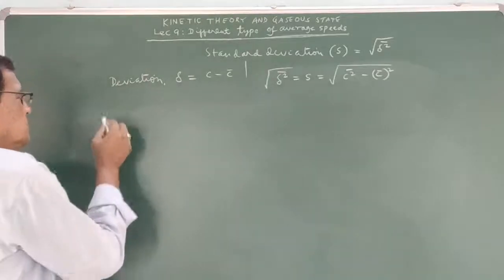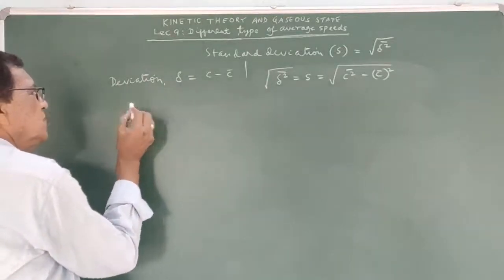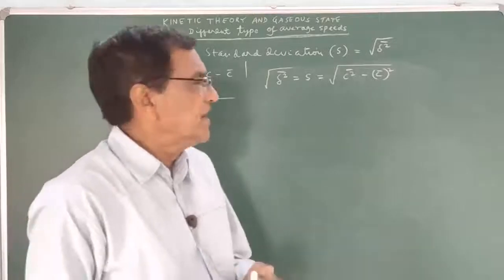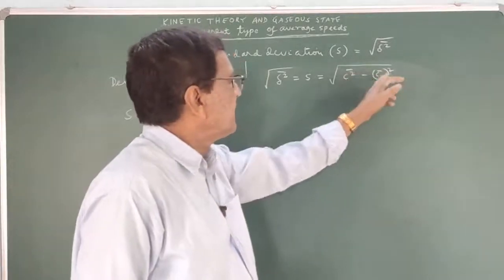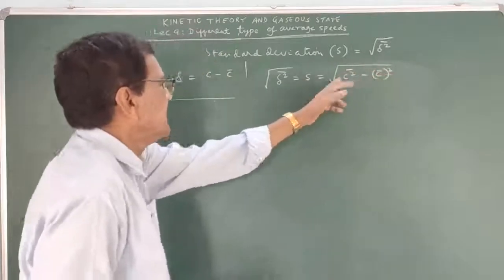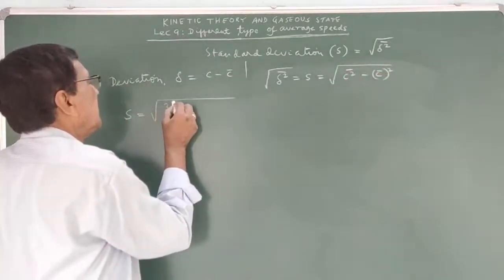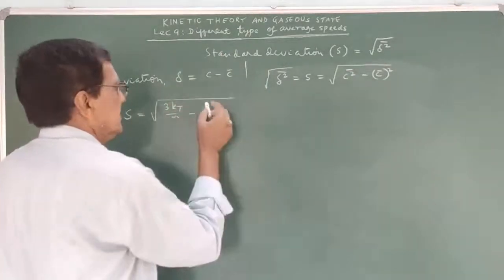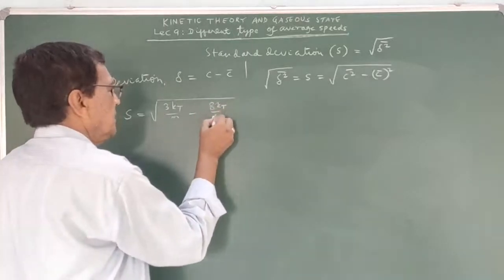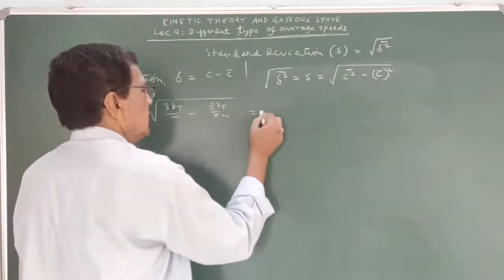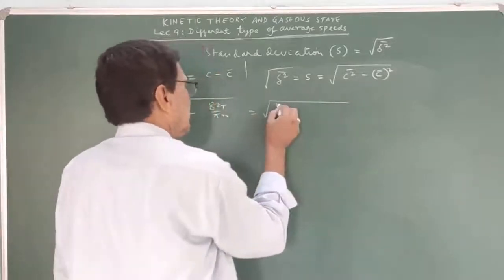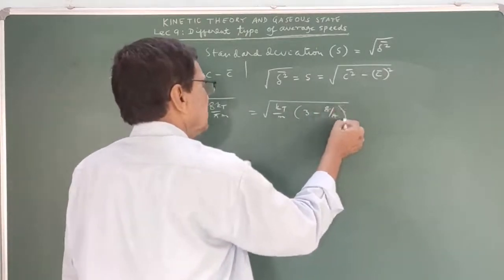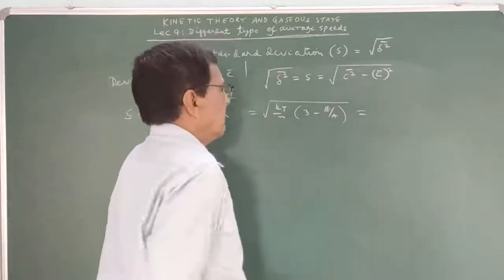So standard deviation is equal to, if you insert the values of mean square speed and the square of mean speed, 3 kT by m minus 8 kT by 5m. So you can write root over kT by m common, and here 3 minus 8 by 5. And this value will come up.